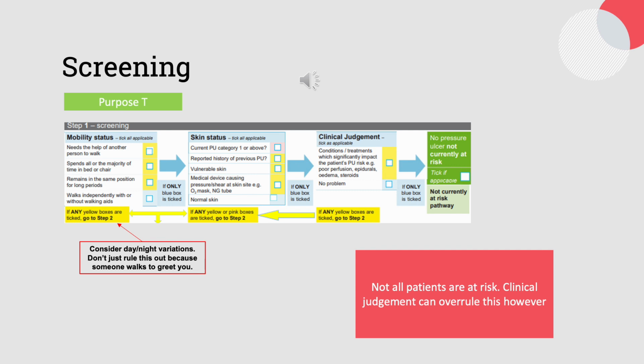I think it's important to consider day-night variation with your patients. More so for community settings maybe, but just because somebody can walk and greet you at the door, don't assume that they're able to reposition themselves in bed at night. For example, a patient who might have had hip surgery might only be able to sleep on their back.